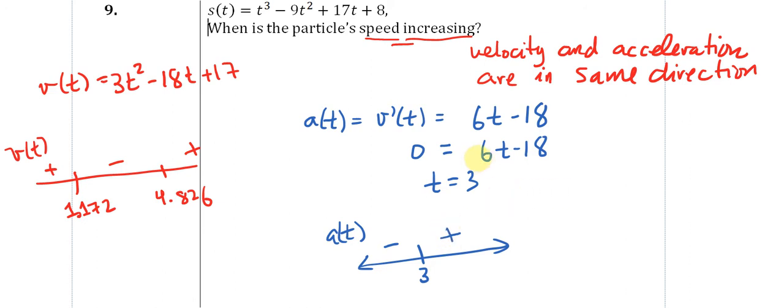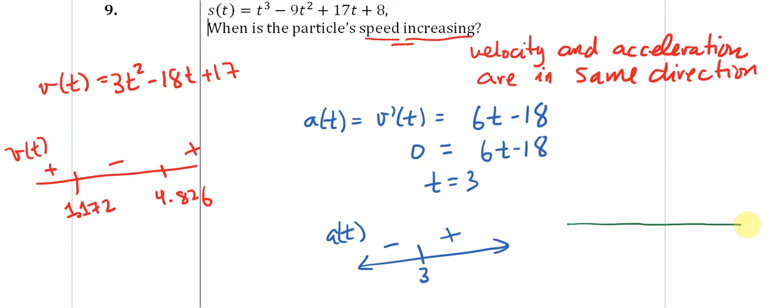So let's look at where the velocity and the acceleration are in the same direction. I'm going to put both of these graphs together onto the same scale. We can still make sense of it as is, but it's a little easier to put everything onto the same graph, so we're going to combine these two sign charts.